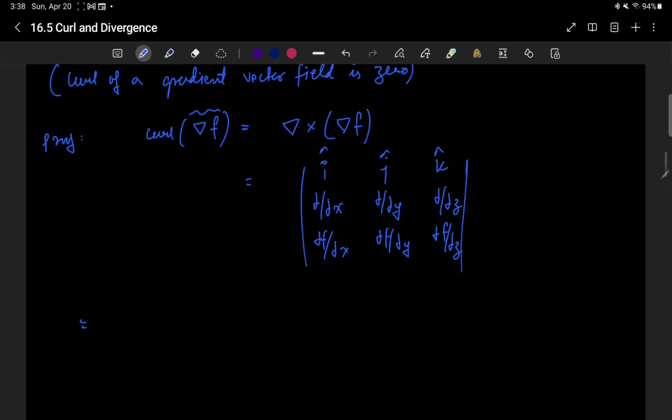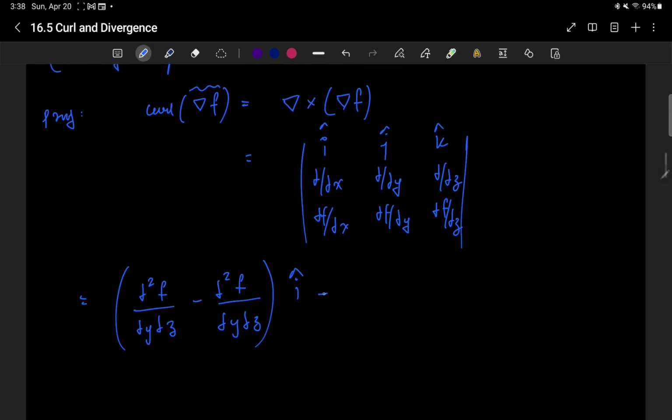And if you expand this out, we will get, for I cap, for example, the second partial, so del squared f over del y del z minus del squared f over del y del z, which is what? They cancel each other out, that is 0. So you would expect the same thing happening everywhere else.